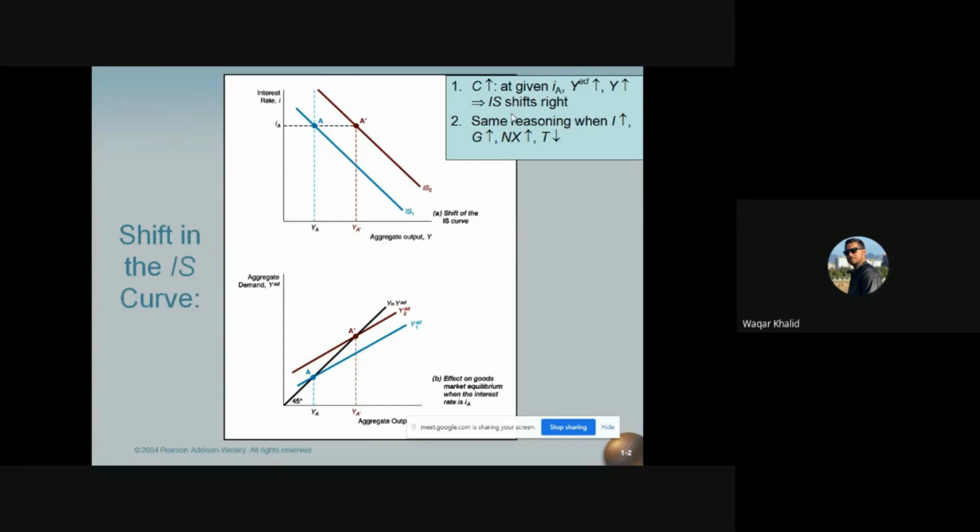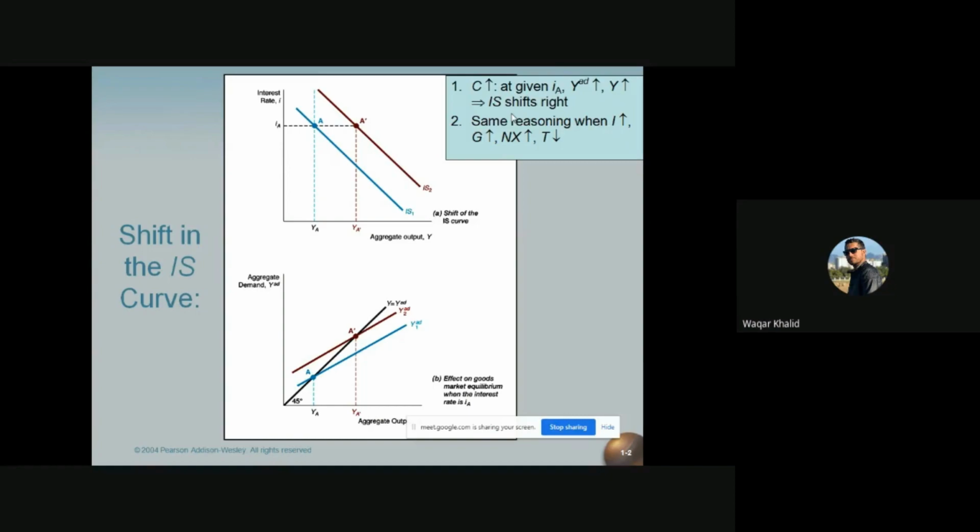So if there is a decrease in the tax rate, the IS curve will shift to the right side from IS1 to IS2. However, a change in taxes has a smaller effect on aggregate demand than an equivalent change in government spending. So for a given change in taxes, the IS curve will shift less than for an equal change in government spending. But if there is a rise in the tax rate, what will happen?